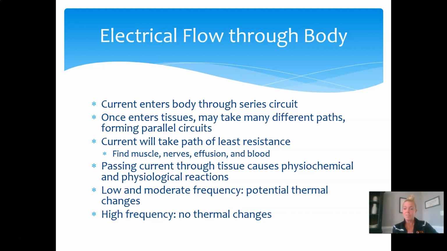Some of the types of Estim that we use, like interferential current, are typically preset to a high frequency, so we're not going to have any thermal changes happening with them. When we do have thermal changes happening in the tissue, it is typically because we're causing muscle contractions. The muscles are contracting and that's producing some heat.